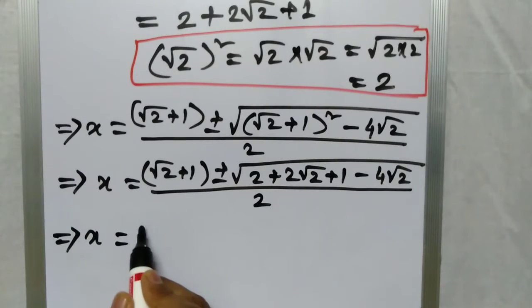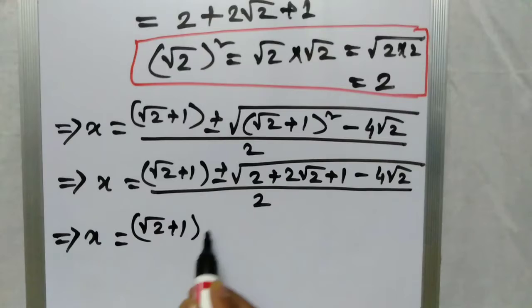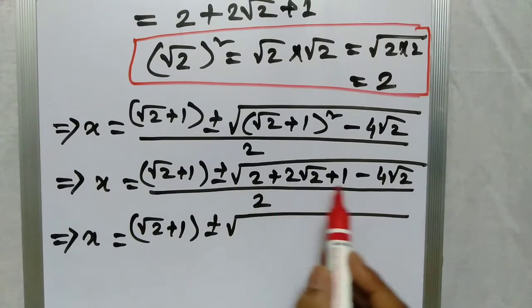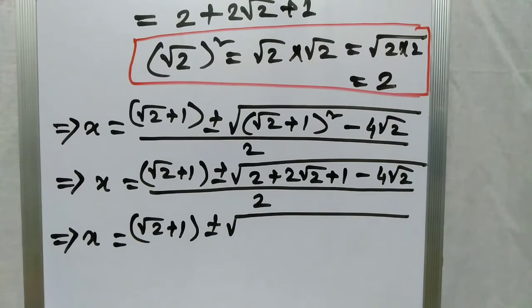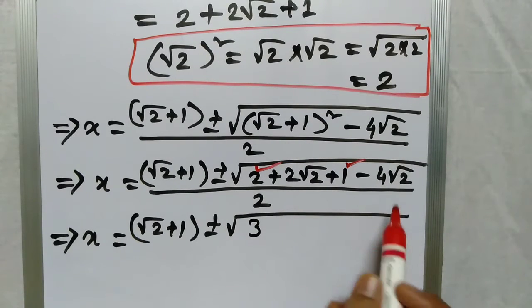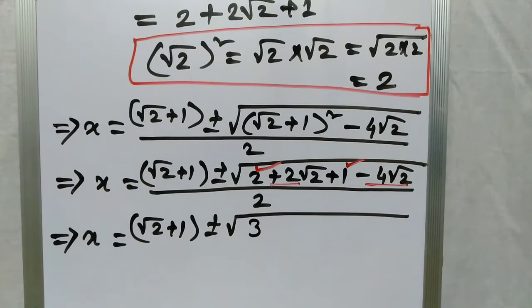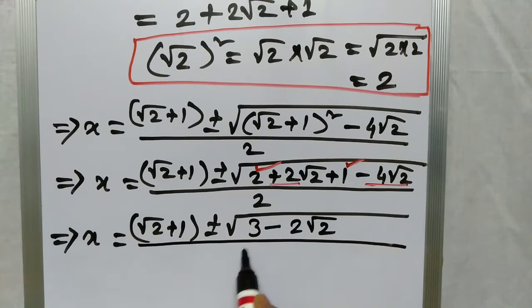It implies that x is equal to root 2 plus 1 plus minus root of 2 and 1, adding 2 plus 1 is 3, and plus 2 root 2 and minus 4 root 2, adding, it becomes minus 2 root 2, by 2.